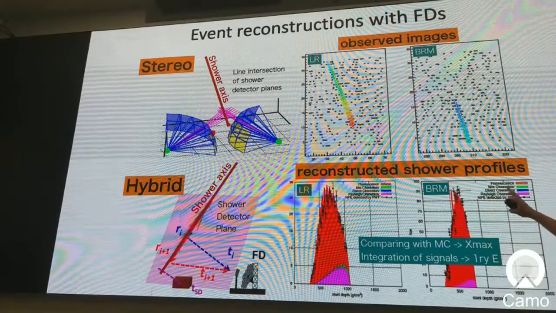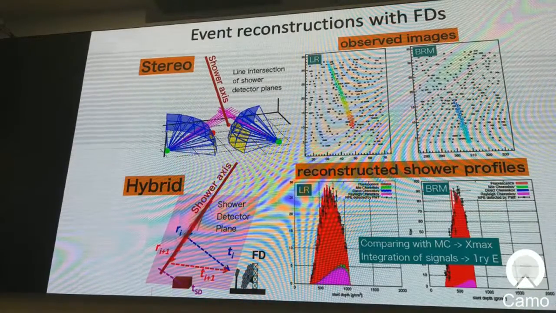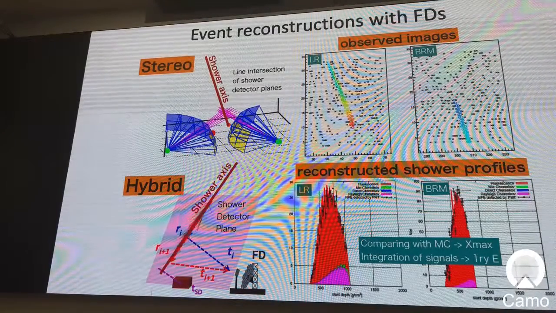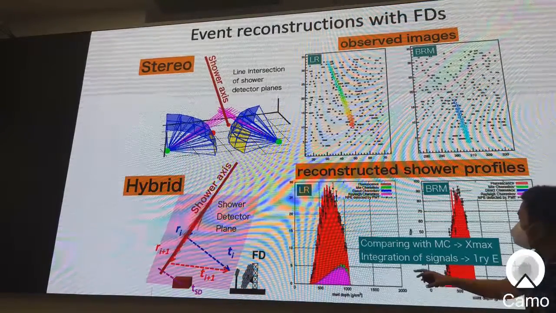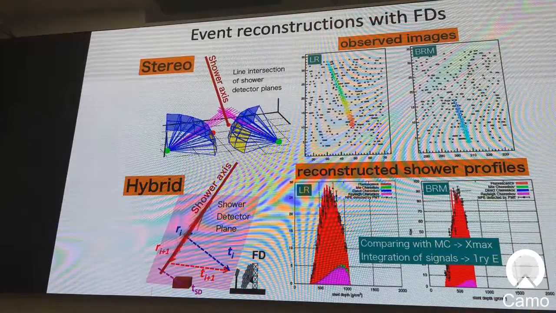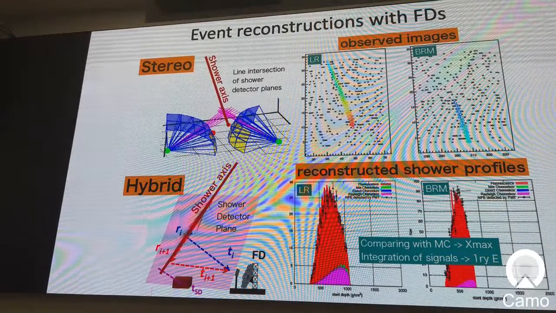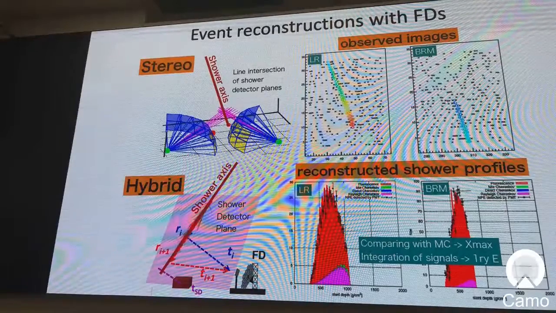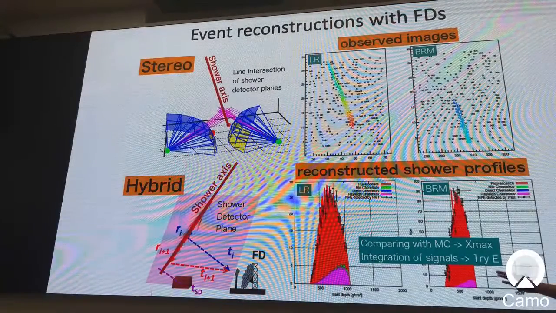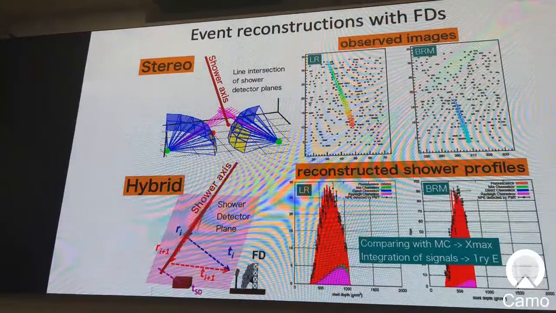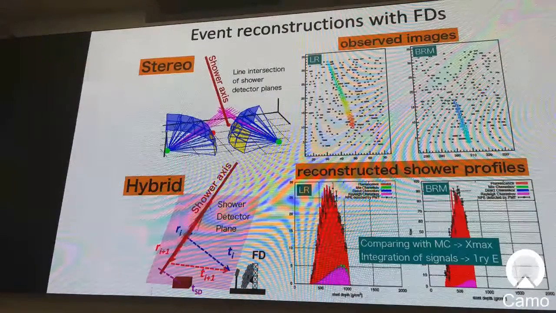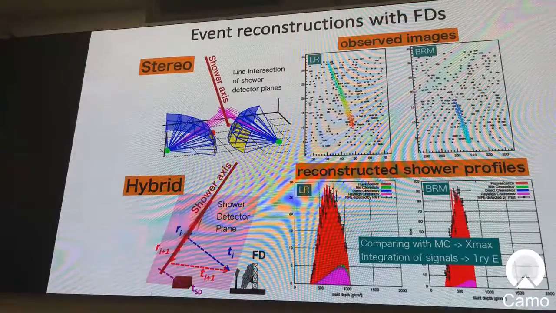And this is the event display. We compare the longitudinal development with Monte Carlo, and we measure the X-max. And we integrate signals of PMTs. Then calorimetrically we can measure the primary energy with FDs.